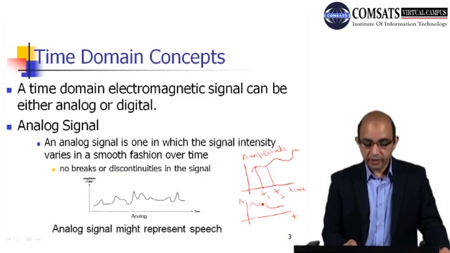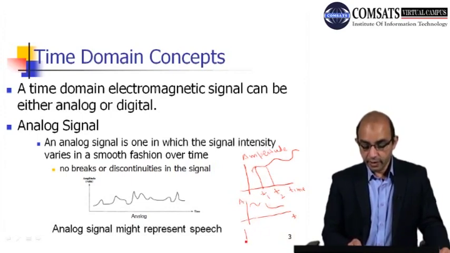Although in parts this signal is analog, on the whole we cannot define this as an analog signal. We can have another sort of discontinuity. Again this is the time, and we have A for amplitude on the y-axis.